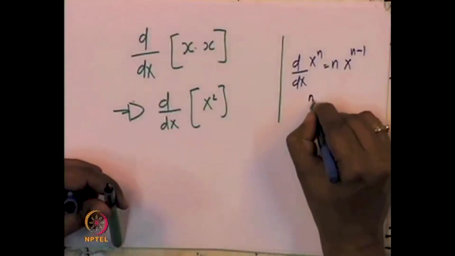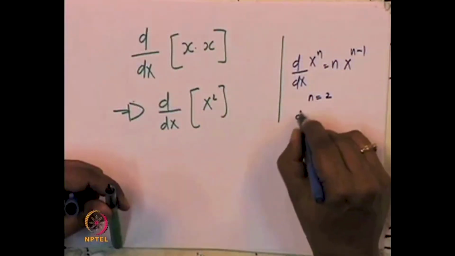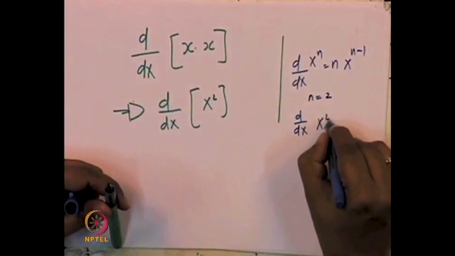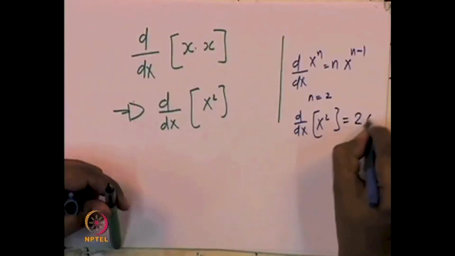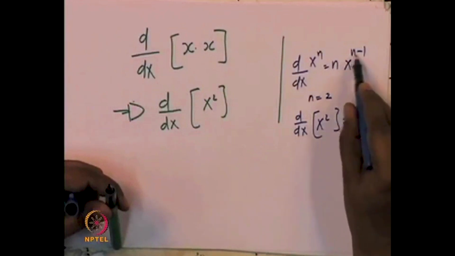Using this rule for n equal to 2, the derivative of x square is 2x, since n is 2 and x power n minus 1, that is 2 minus 1, is 1.